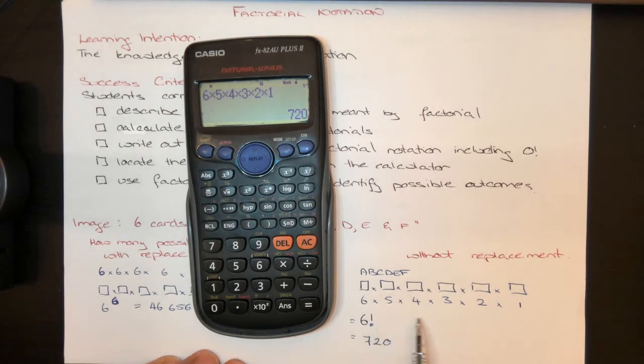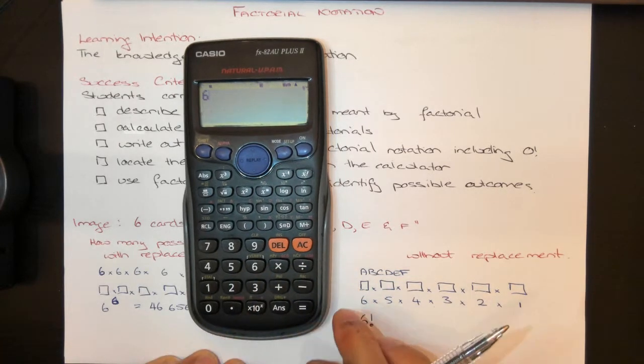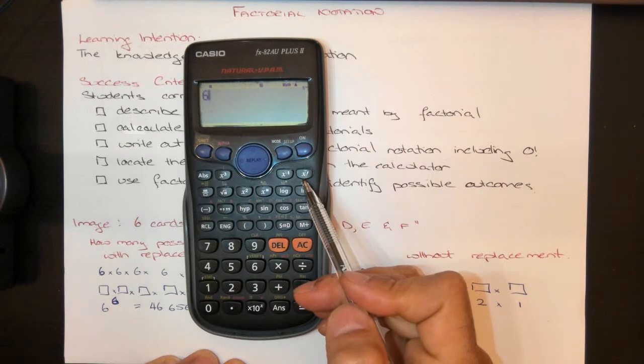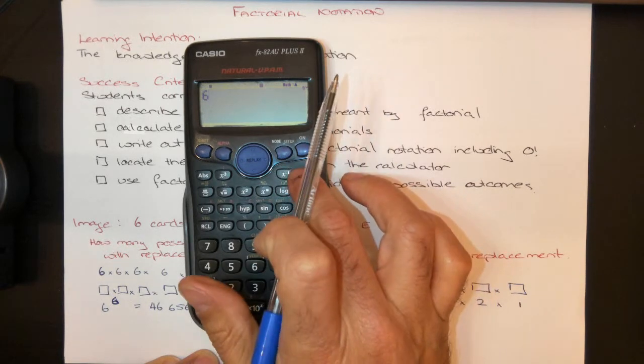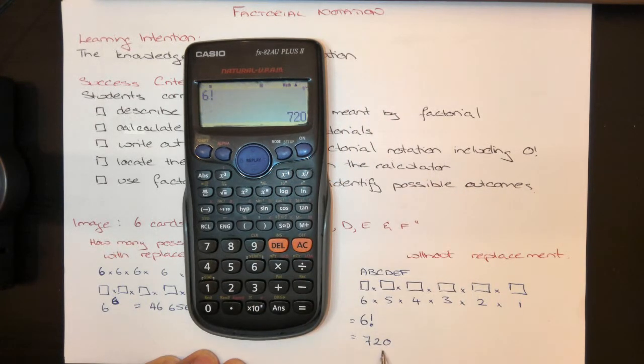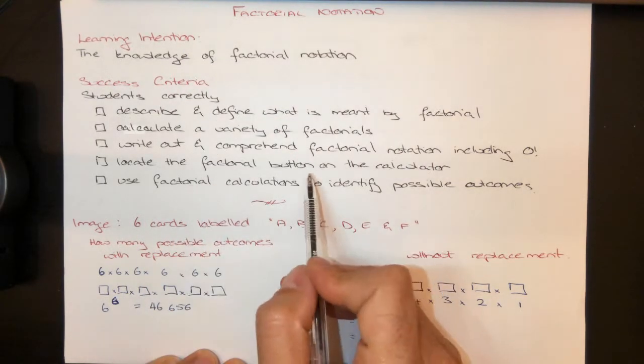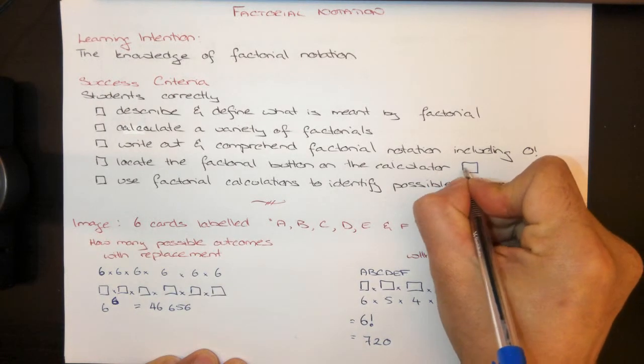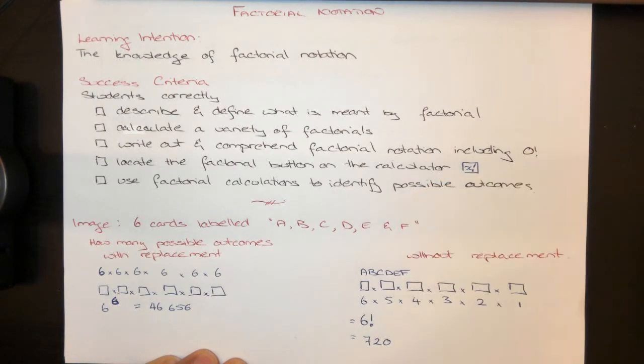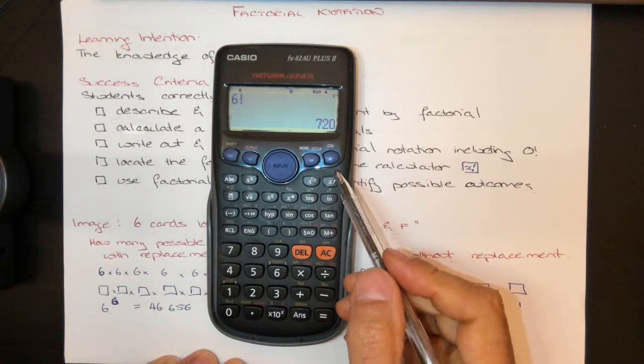But as I said, if I go from a number and multiply every consecutive number until we get to 1, we can write that as the number factorial. I can type into my calculator by pressing the number and then this button here, exclamation or factorial. You notice I get 720. This button on the Casio is X factorial, and it's located just underneath the on button.